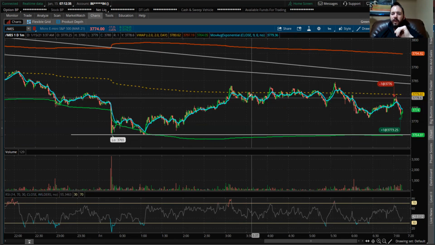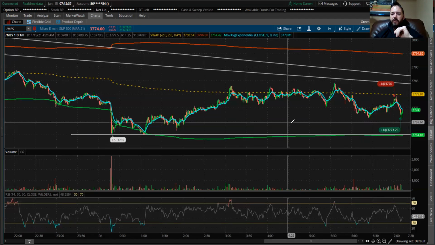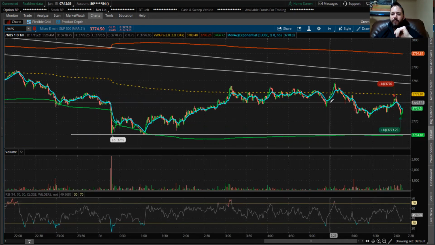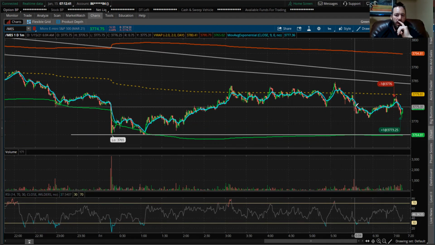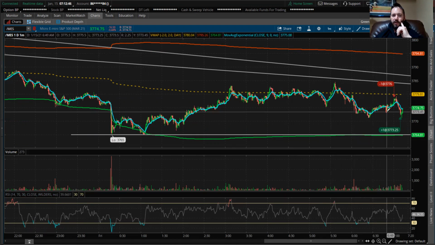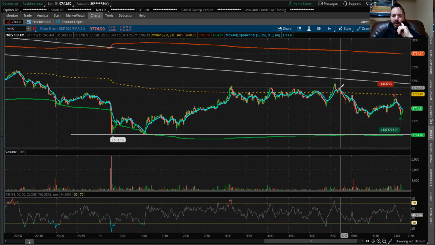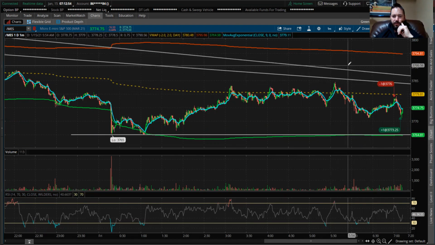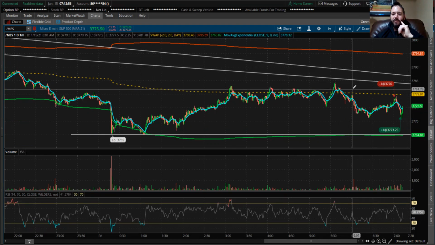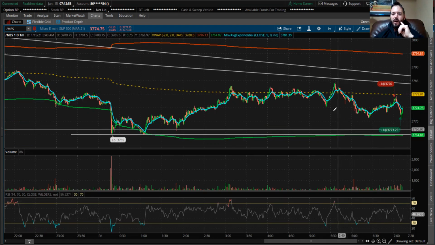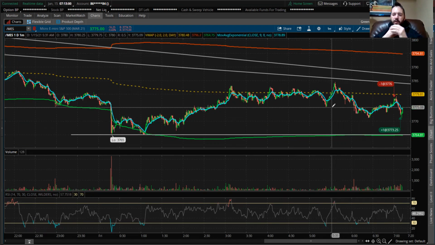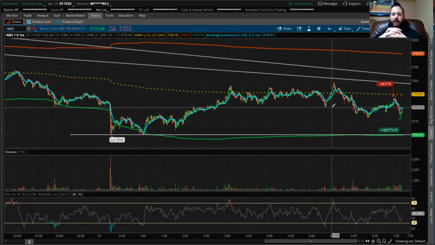So a lot of times when the overall market is bearish, I don't really like to go long on some of these futures plays until it does what? Breaks through VWAP and actually holds through VWAP. And then you're talking about a market that has now changed over and is more bullish.